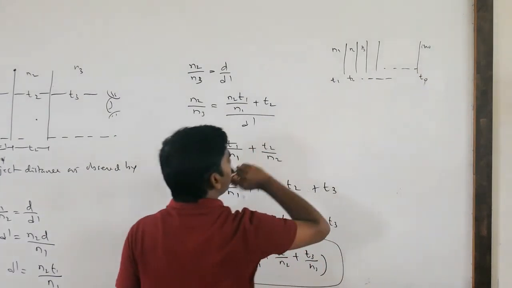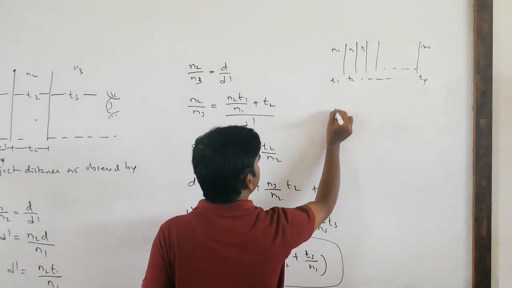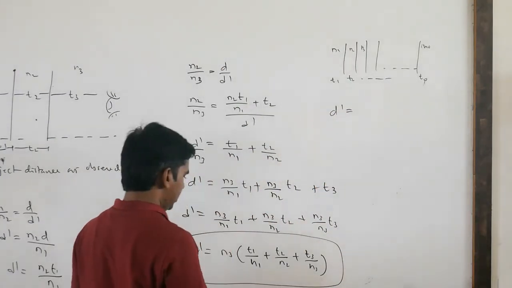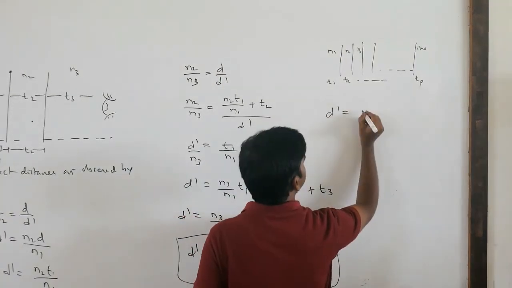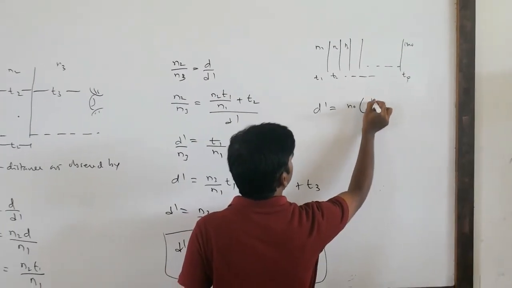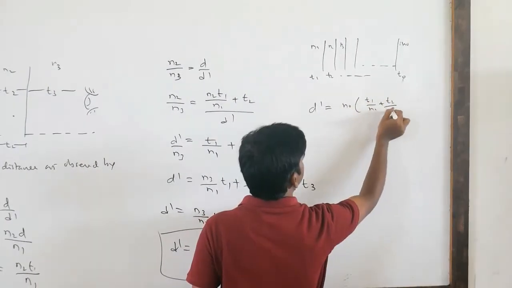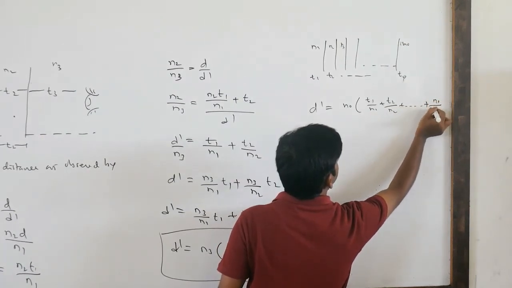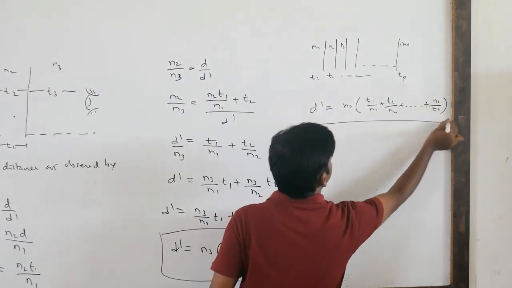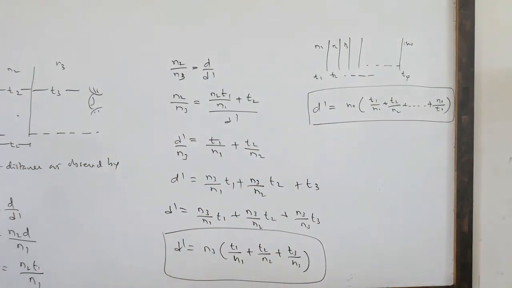So you can write the total apparent distance as N naught into T1 by N1 plus T2 by N2 plus so on, up to T naught by N naught. This is the formula if there are n number of glass slabs.